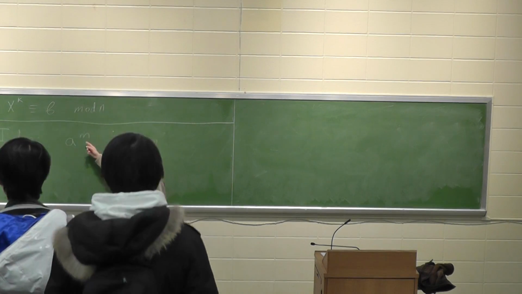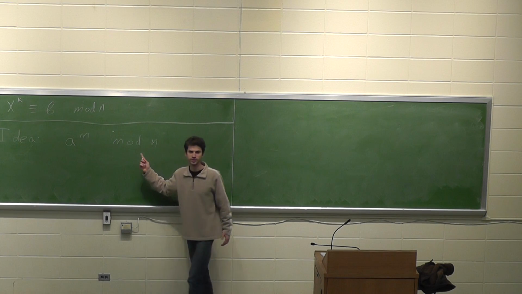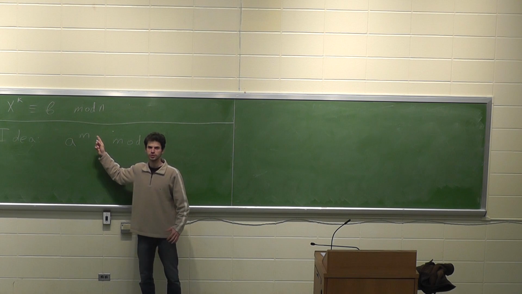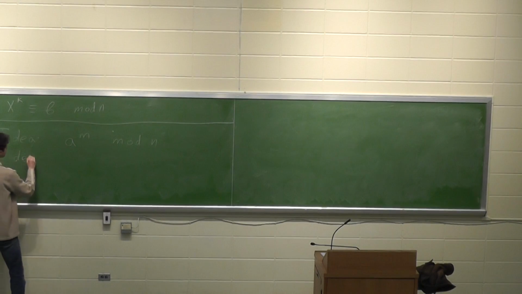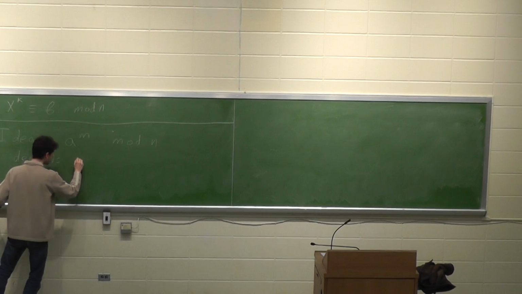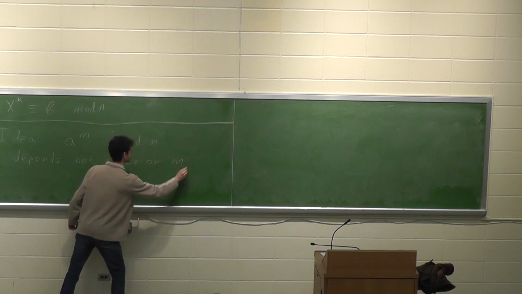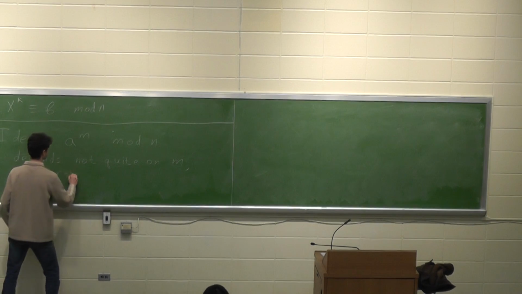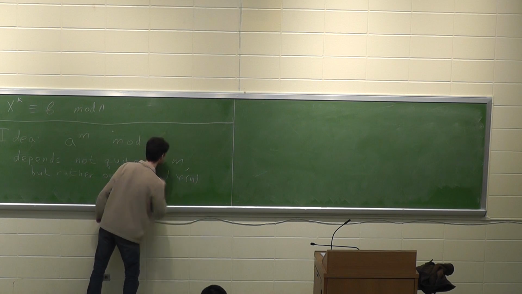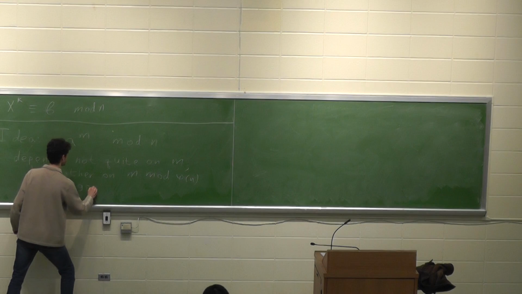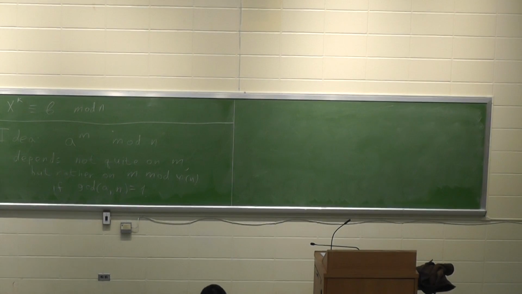The full truth is that it depends not quite on m, but rather on m modulo phi of n, if GCD of a and n is equal to 1. So that's the main observation.